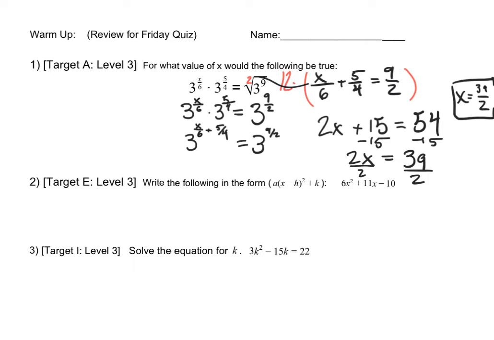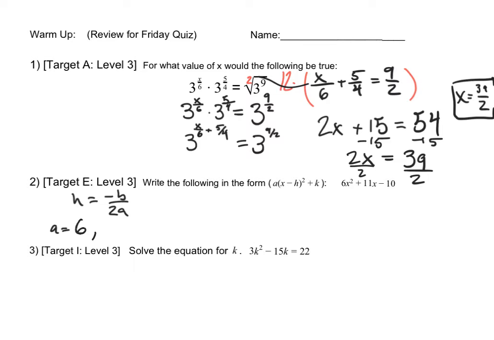So this one's going to be, one way to find the vertex is h is negative b over 2a. That was in our foldable. So if we write down what a, b, and c are, a is the coefficient in front of the x squared, which is 6, b is going to be 11, c is going to be minus 10.